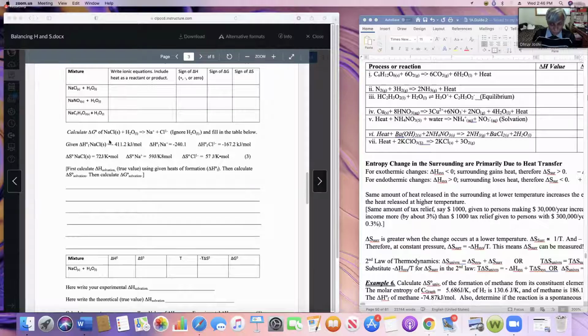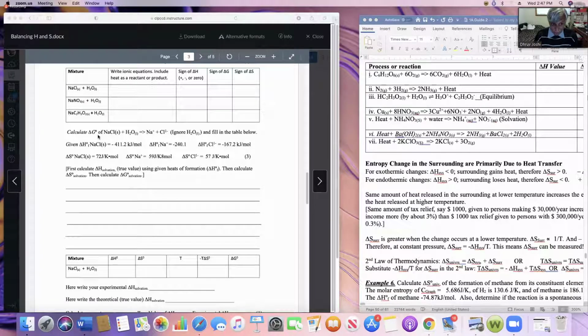So what are you doing right now? I want everybody to calculate, for this reaction, NaCl plus H2O, solvation of NaCl solid, dissolving NaCl solid, the delta H reaction, the standard enthalpy of reaction. And what is given to you right here.